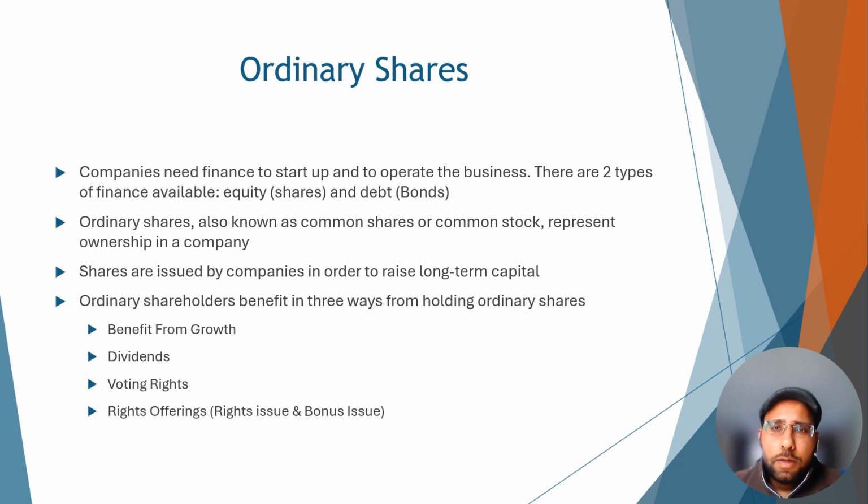It could be the appointment of board directors, the approval of M&A, any form of mergers and acquisitions, or any other corporate actions that a company may wish to bring to the table. There are a number of rights offerings that we will discuss, predominantly rights issues and bonus issues.